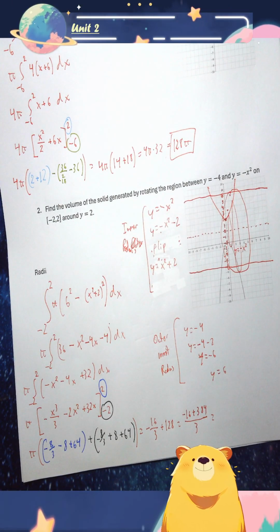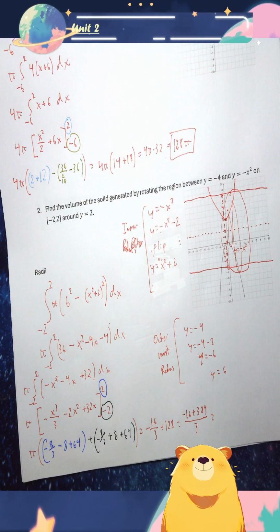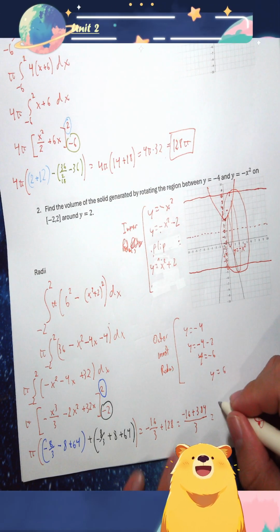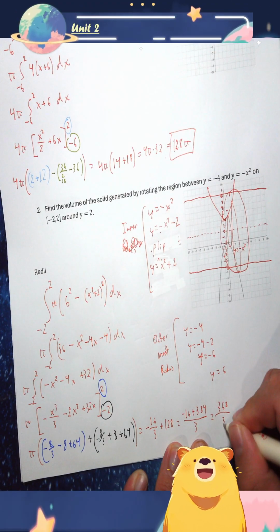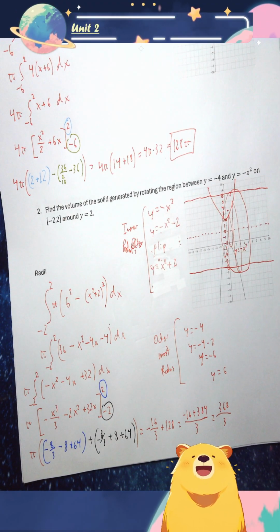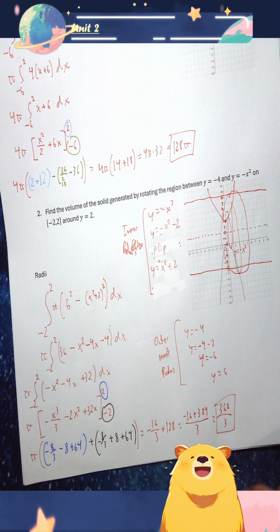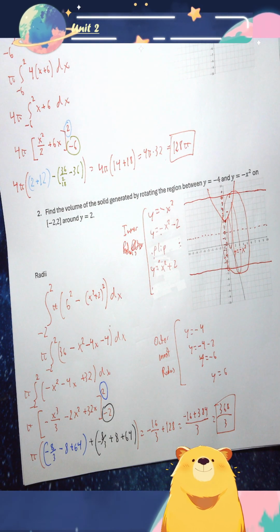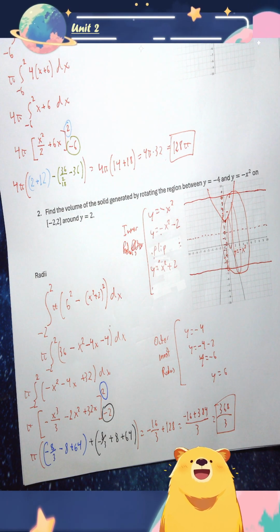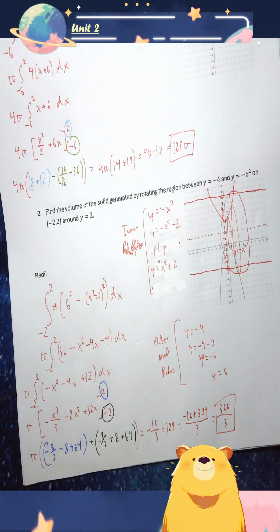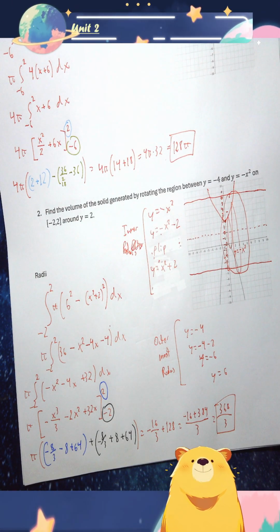And then 384 minus 16 is 368 over 3. And then I'm just going to double check if that's divisible by 3, and it's not. So that would be your final answer. Let me just double check. Oh, I forgot the pi. I always forget the pi.